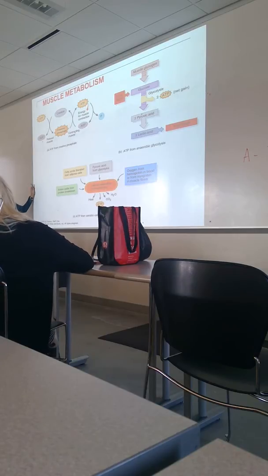So this combination, ATP and creatine phosphate, helps you with muscle activity for about 1 minute, and that's it. Okay, so after 1 minute, you have another problem, gone. No more ATP.